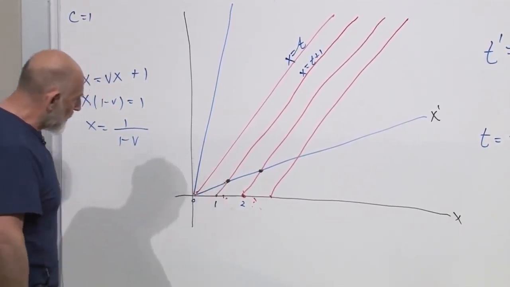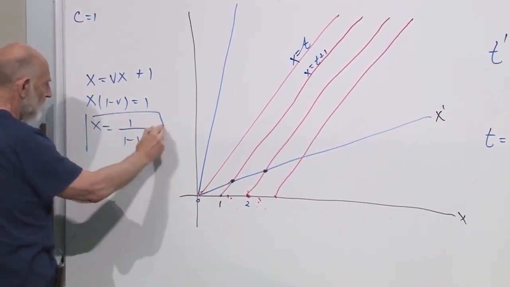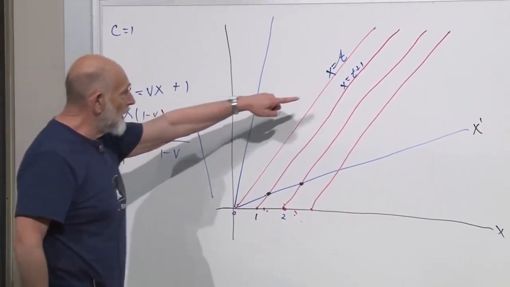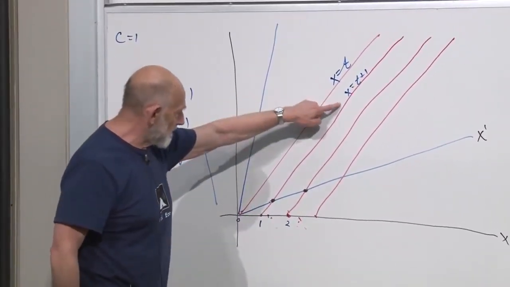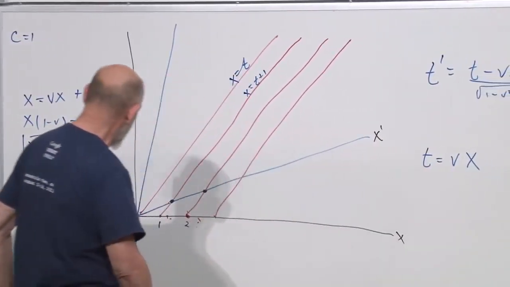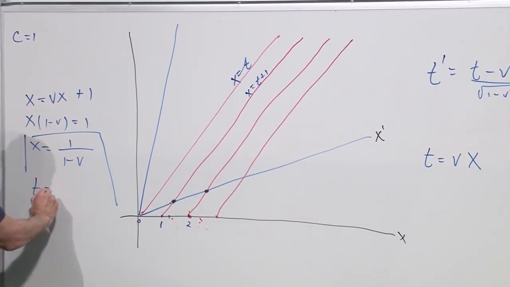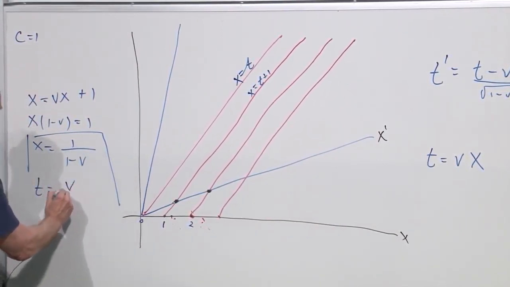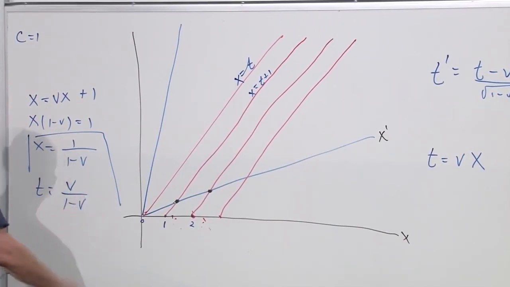That's the x of this point. And what about the t of this point? Well, if we know the x of this point, we can read off the t. T is equal to v over 1 minus v.